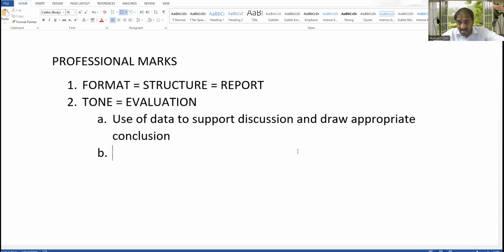Use data means whatever data is within the question, get the data.